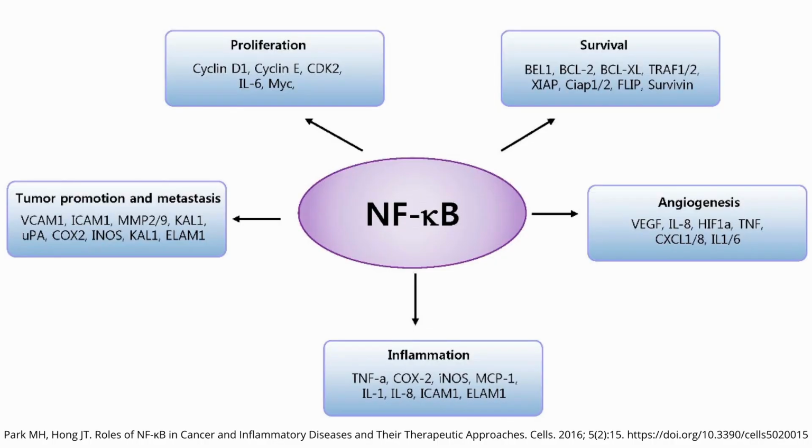NFkB acts as a transcription factor and is one of the major controllers of inflammation in the body. As a transcription factor, it increases the expression of numerous inflammatory players, most especially cyclooxygenase 2, TNF-alpha, interleukin-1 beta, and interleukin-6.